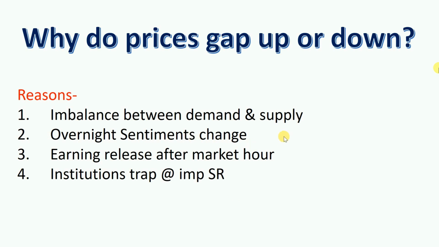It means the stock is trading higher in today's trading session, but somehow some news came into that stock overnight and the sentiments of the people have changed. So that may also cause a gap down. The third reason is an earnings release after market hours. And the fourth point is institutions trapping at important SR, that is support and resistance.